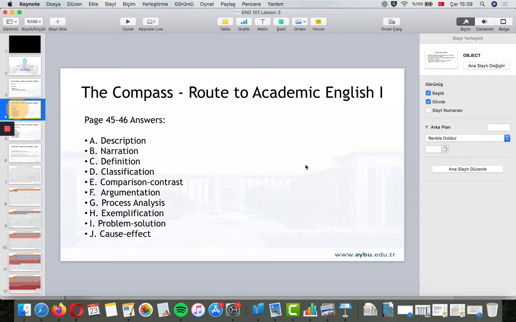C is definition. Okay. D is classification, sort out, okay, classify things. E is compare contrast, okay. F is argumentation. G is process analysis.